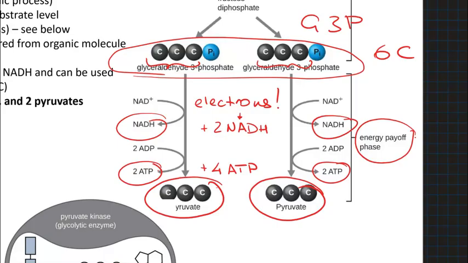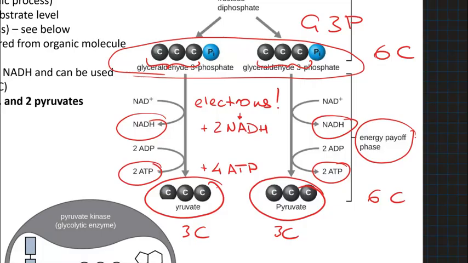Now, I understand that the question is how many carbons are in each pyruvate. This question is silly. You can count. Okay? So each molecule contains 3 carbons. So we start glycolysis with 6 carbons. We end glycolysis with 6 carbons.